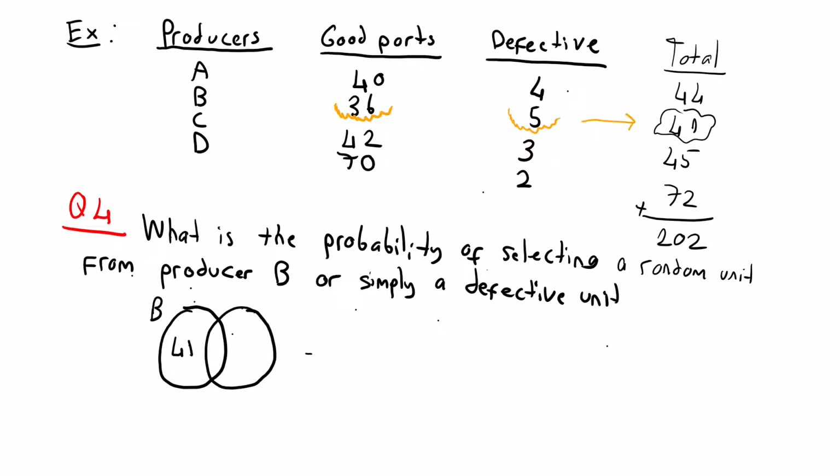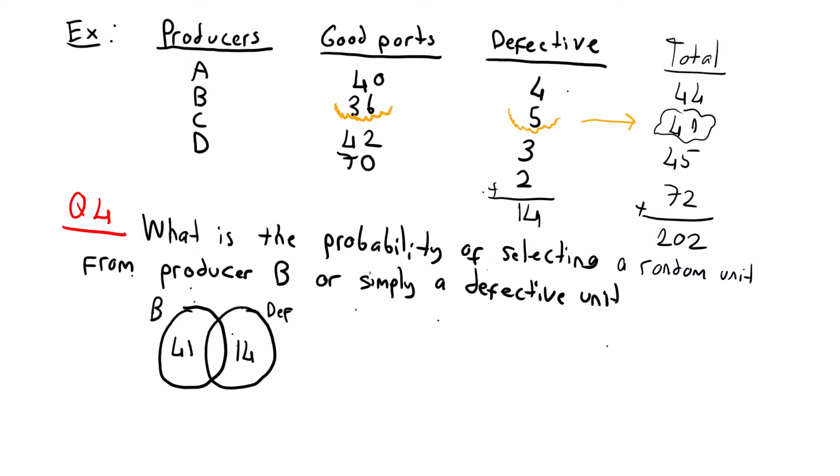And the number of defective units, because we're interested in finding a defective unit, if we add all these numbers up, is 14. So this is defective.